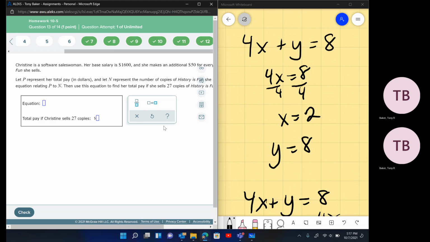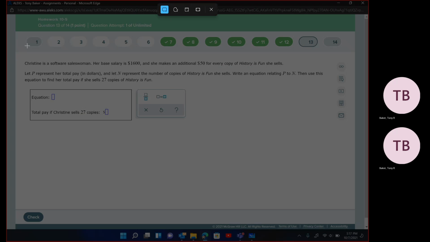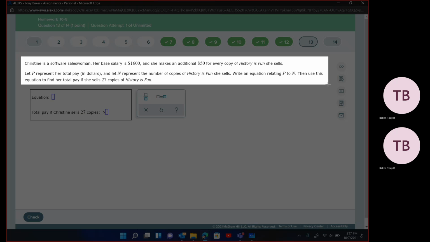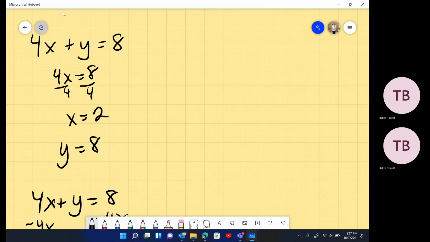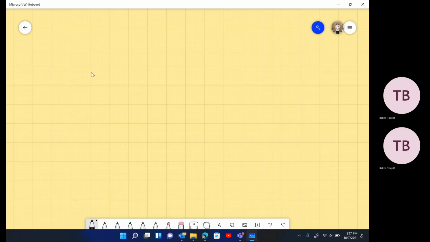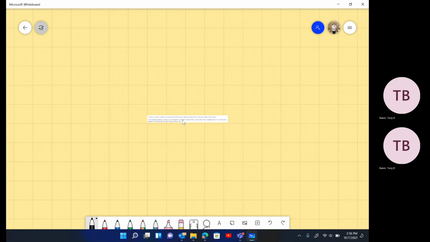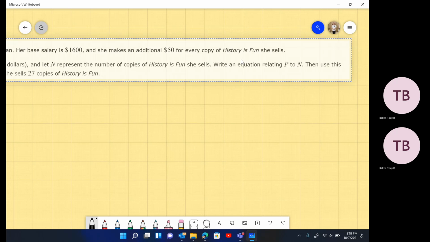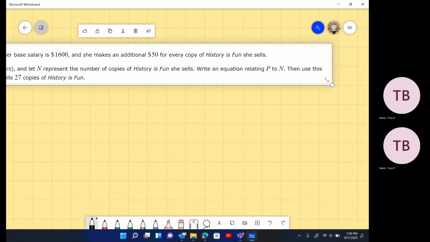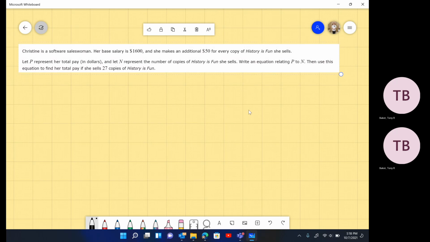All right, so let's look at a couple of word problems. All right, so this topic, when you're doing it, they want you to come up with the equation, and then they want you to solve it and come up with an answer.